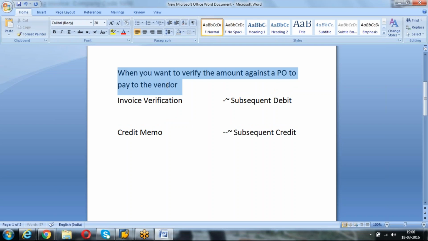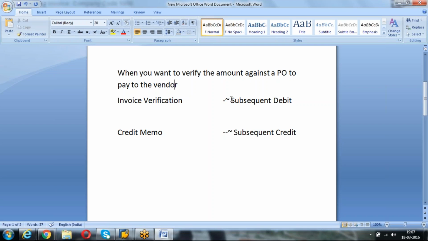This is general invoice verification we create against PO or service entry sheet or material document. For all these purposes you created a PO for receiving respective goods or services from the vendor. Once you receive the goods, you will verify how much amount you need to pay and you will pay. That's a very direct statement. Almost all of us are aware of how the invoice verification process happens.